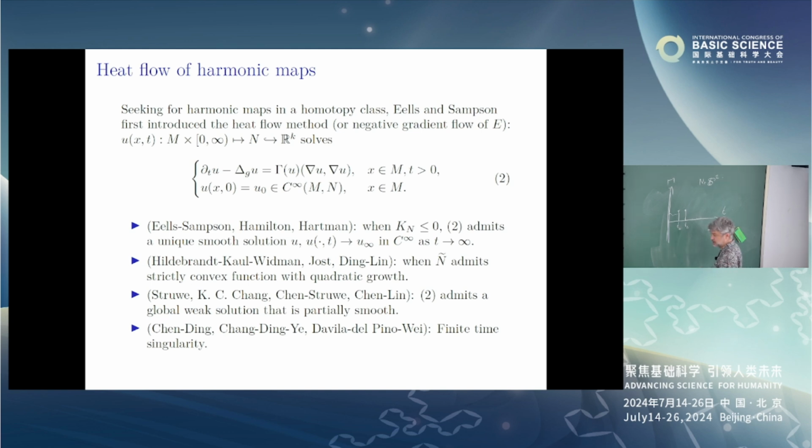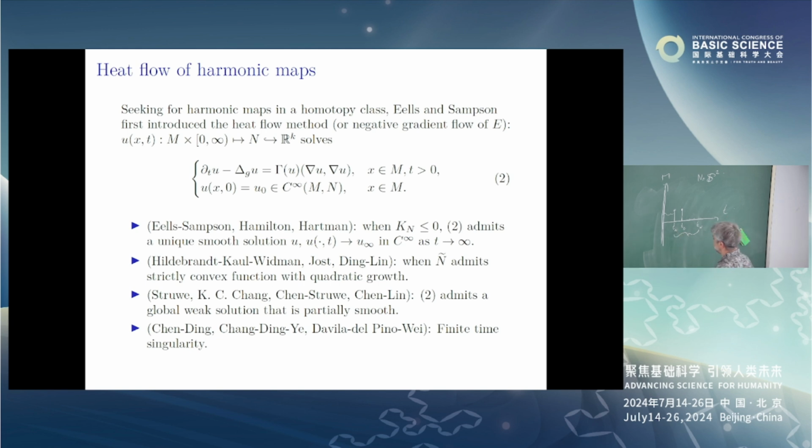What Struwe proved is that in any case, you always have a finite number of singular times, which is very important because you want to restart the flow. This is like Ricci flow in 3D. You have finitely many, and then the flow is smooth afterwards. At infinity, this is another issue, but at least at finite time, you have finitely many singular times.